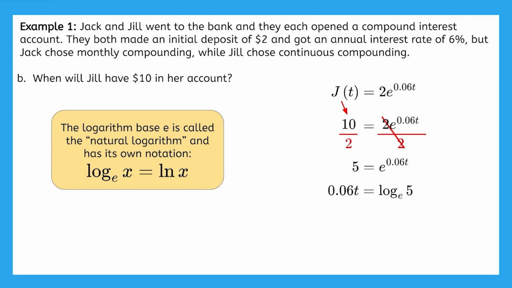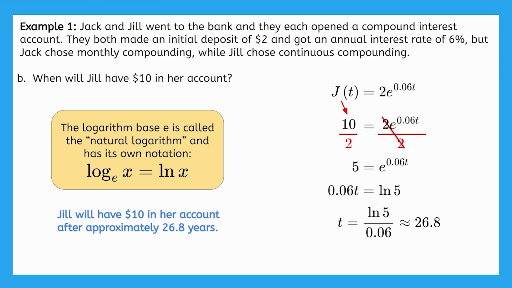Therefore, let's replace this log base e of 5 with ln 5. Lastly, we divide both sides by 0.06 and get that t is around 26.8. Therefore, Jill will have $10 in her account after approximately 26.8 years.